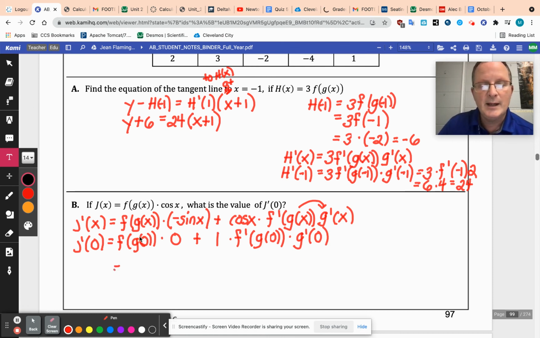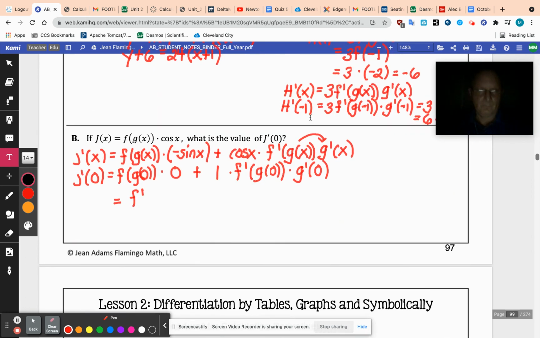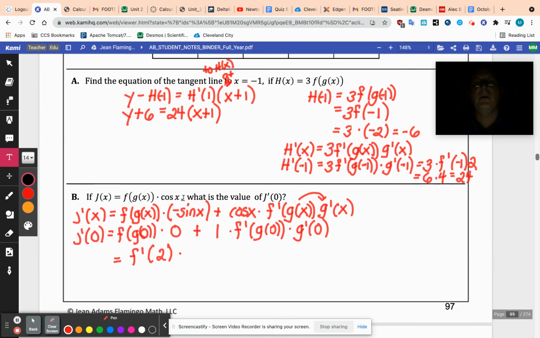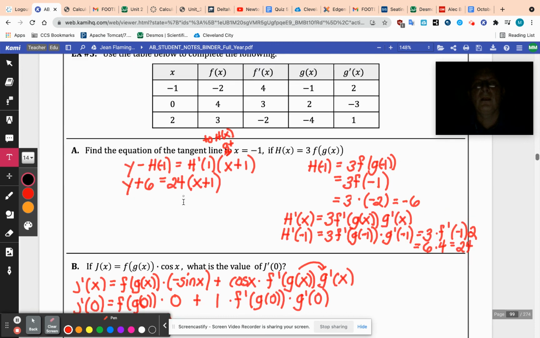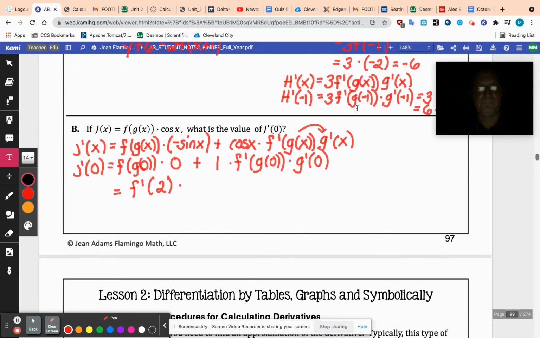And then we just have to look up some stuff. So I've got f prime of g of 0. g of 0 is 2, so that'll be f prime of 2. And then g prime of 0 is negative 3, so times negative 3.